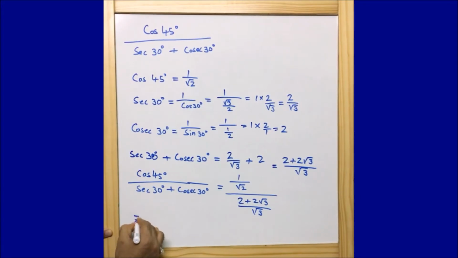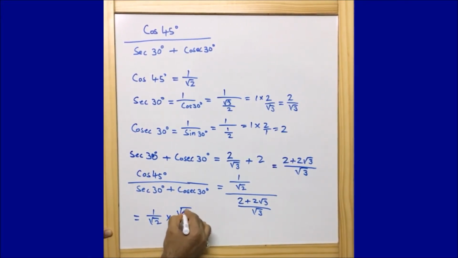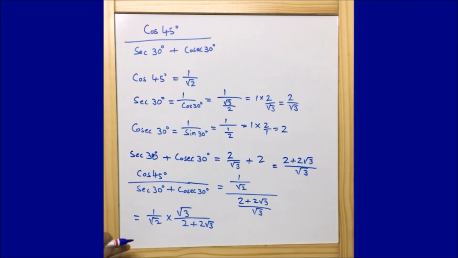Or that is equal to 1 by root 2 into root 3 by 2 plus 2 root 3. Guys, I am just solving this equation, doing nothing else. So I got this one as 1 by root 2 into root 3 by 2 plus 2 root 3.